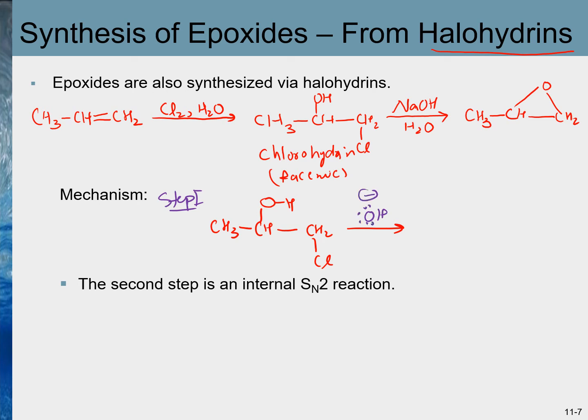So first step is a acid-base proton transfer. And this step will result in formation of an alkoxide ion within the halohydrin.